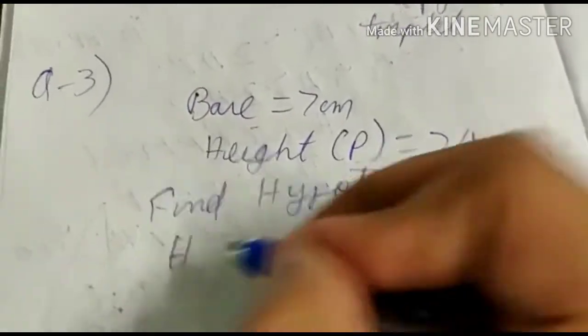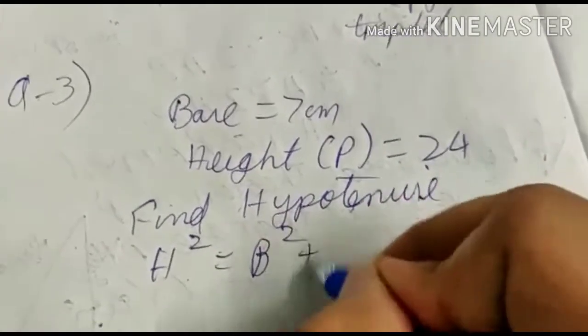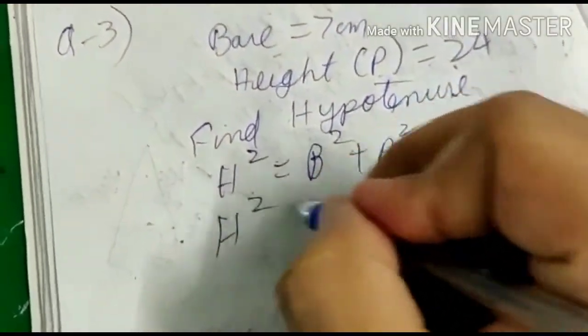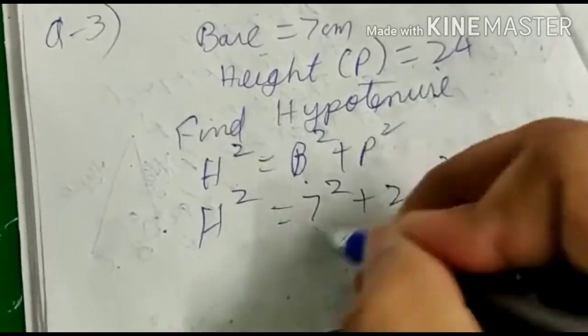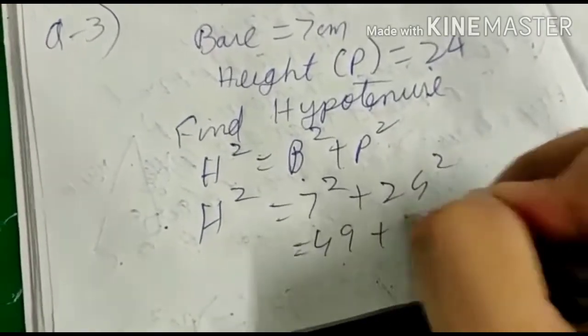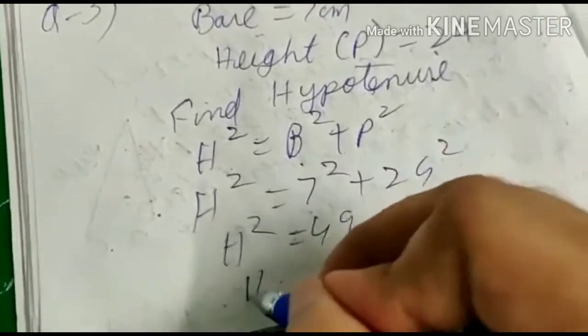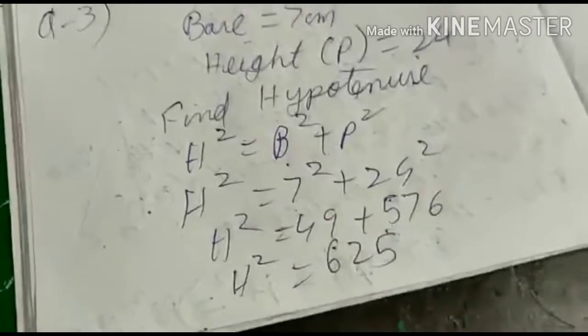So always hypotenuse square is equals to base square plus perpendicular square. So you have to find this. H square is 7 square plus 24 square. 49 plus 24 square is 576. Addition is 625.